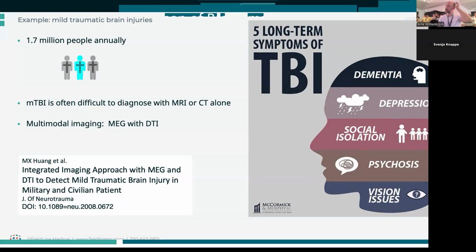So finding an imaging approach for that matters. One thing they found is that you can use MEG, or even better a combination of MEG and MRI, to detect mild traumatic brain injuries. You look at very slow frequencies in the brain, which are indicative of injury and repair.